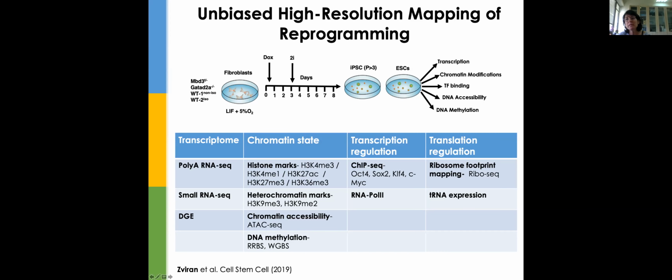And this Mbd3 hypomorph, is the mutation in the coiled-coil domain? How is it related? Do you know? It's interesting. No, they removed exon 1 and exon 2, which makes an out-of-frame mutation in these mice. Two mice were made from this, and they behave a little bit differently.